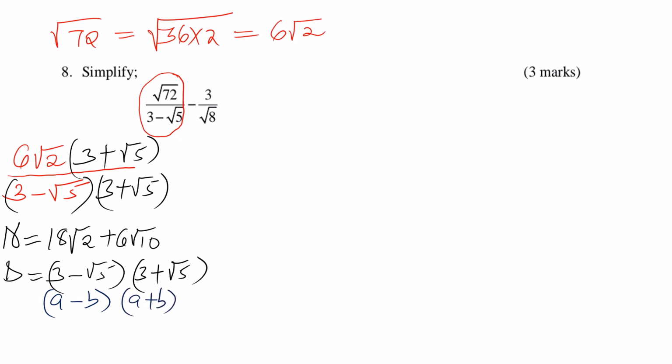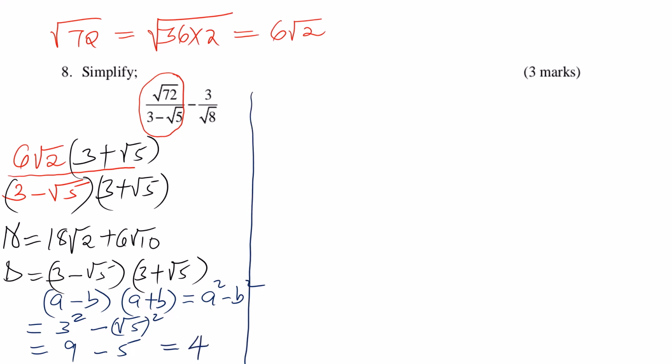So that is difference of two squares, and when you simplify these, you always get a squared minus b squared. So if we apply this here, we are going to simplify this one to be 3 squared minus root of 5 squared, and this will give 9 subtract 5, which will simplify to 4. So that is how you're supposed to work out that part.